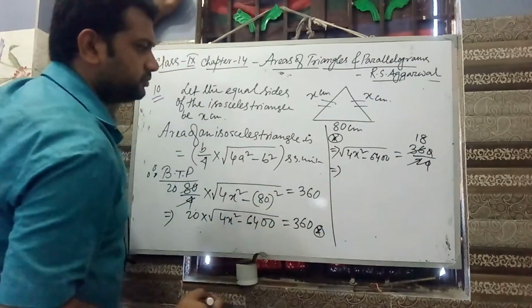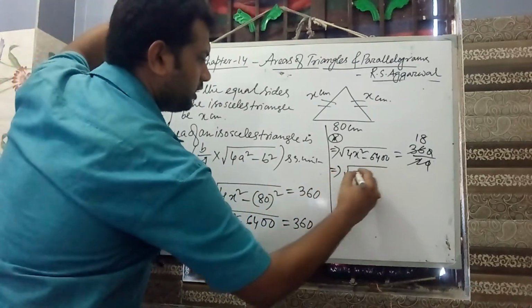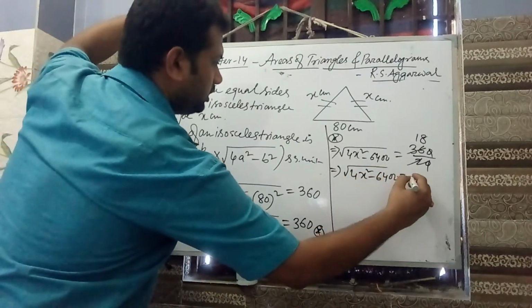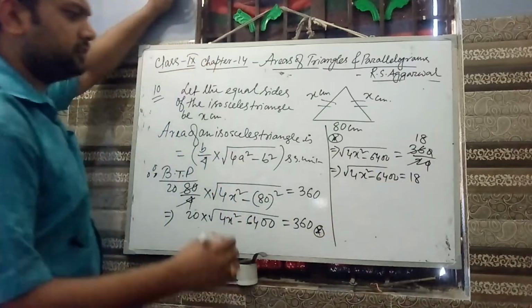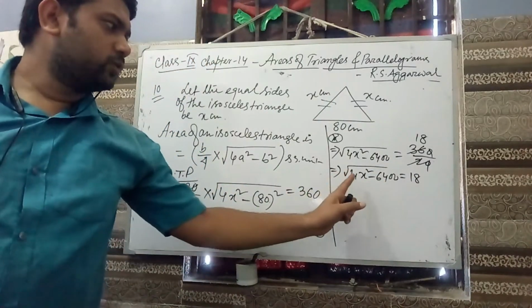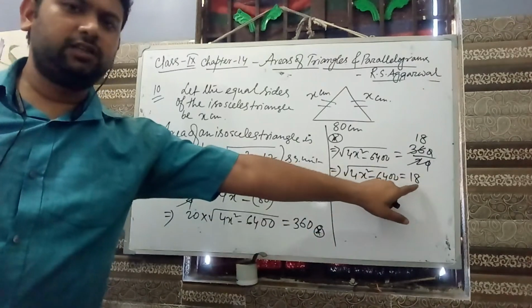That implies root over 4x square minus 6400 equal to 18. Now look, here on the left hand side we have a square root and here we have only 18.